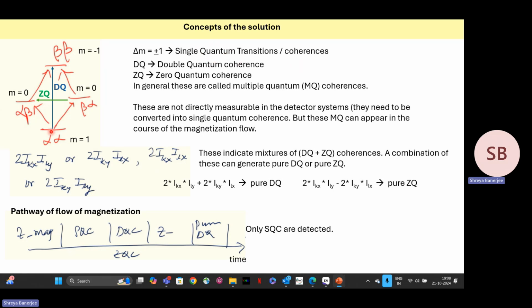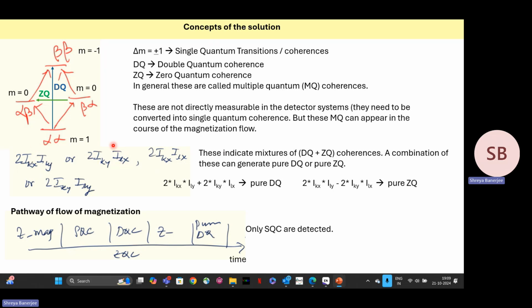But if you go from alpha alpha to beta beta, this is double quantum coherence because delta M is 2. This is not allowed. Also, between alpha beta and beta alpha, delta M is 0, so it is called zero quantum coherence. This is also not allowed. In terms of magnetization, if you have single quantum coherence, there will be just one I term, like IKX, which indicates single quantum coherence.